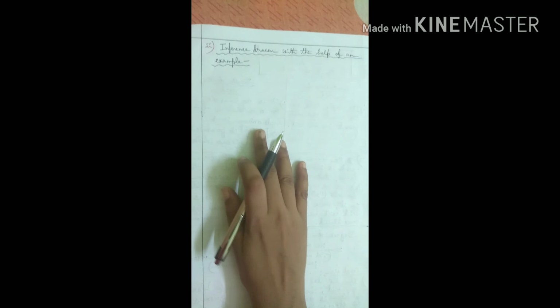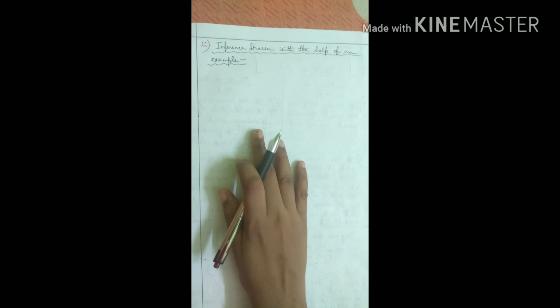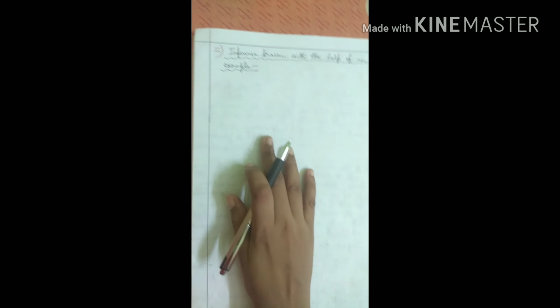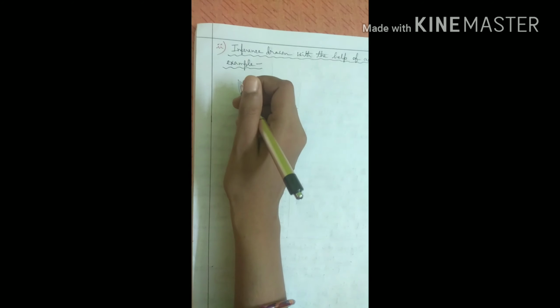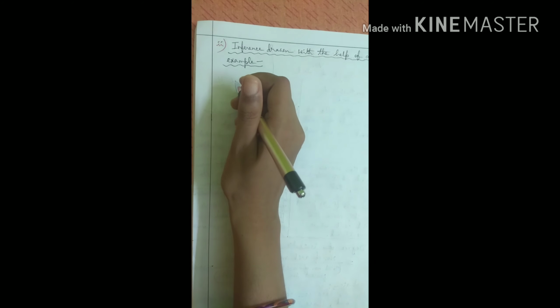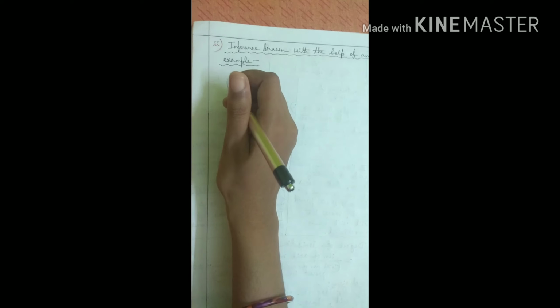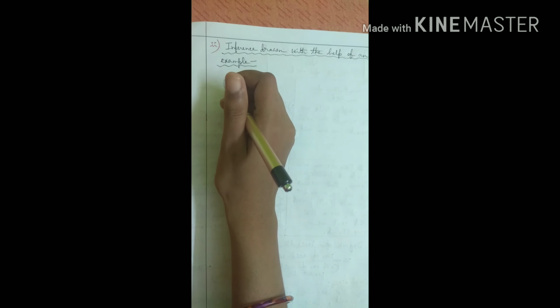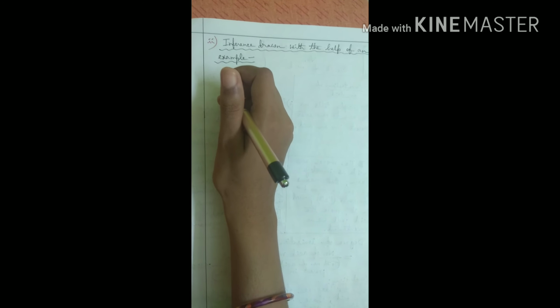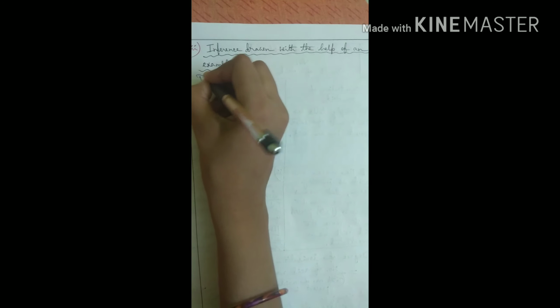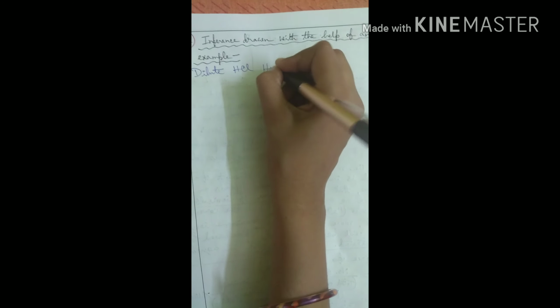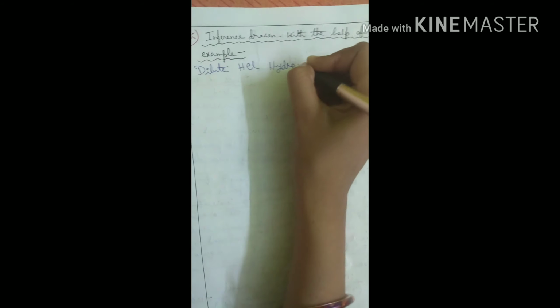Lastly, after the whole discussion, I think your concepts are clear enough that you can draw an inference: among dilute hydrochloric acid and a highly concentrated acetic acid, which one is the stronger acid? Yes, the answer will be dilute HCl, or hydrochloric acid.